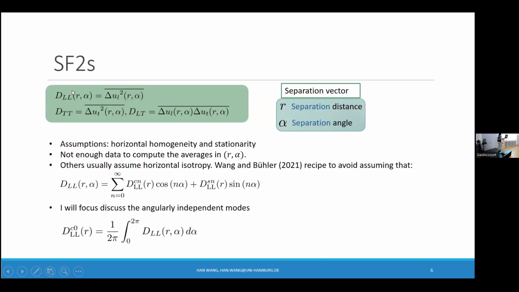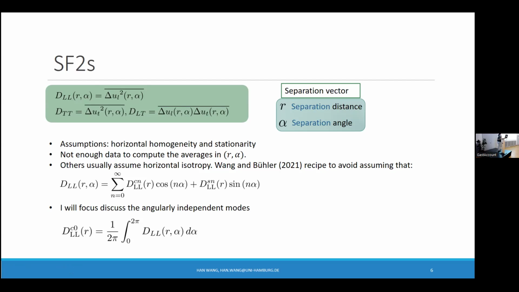So far I'm defining them in 2-dimensional separation vector space. Again, to repeat the assumptions that have been made so far, we have simply assumed that the average quantity is not a function of the starting location and not a function of time. So just horizontal homogeneity and stationarity.